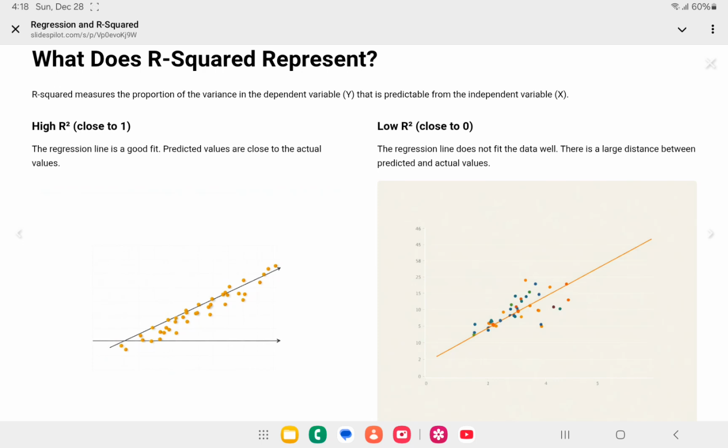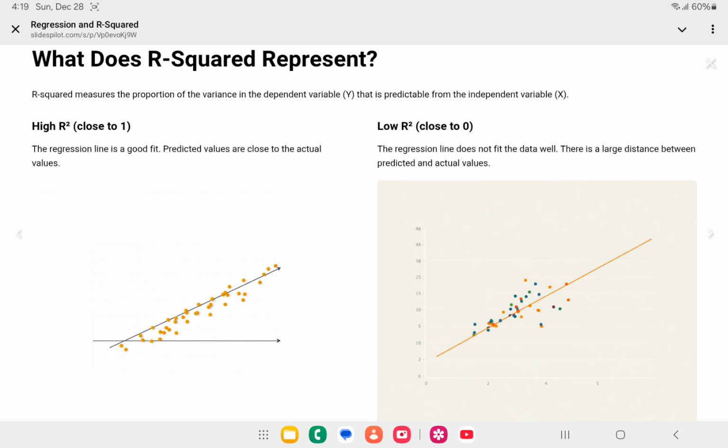In contrast, a low value of R-squared tells us that the regression line doesn't fit the data that well, and we can clearly see a large amount of distance between the actual values and the predicted values. And if R-squared is exactly equal to 1, this means that we can predict the value of y for any given value of x. Note that R-squared also tells us the percentage of variation in y that is accounted for by its regression on x.